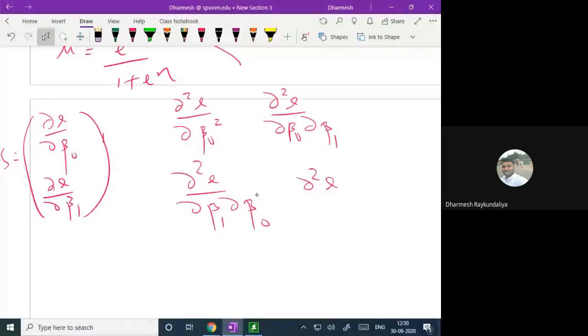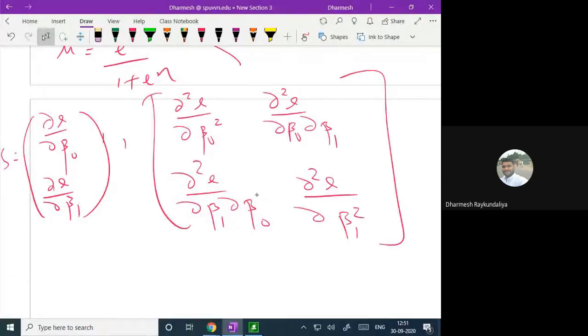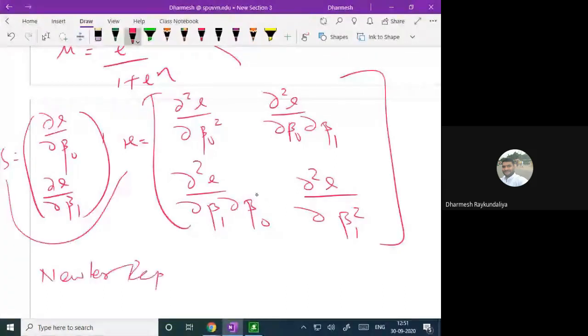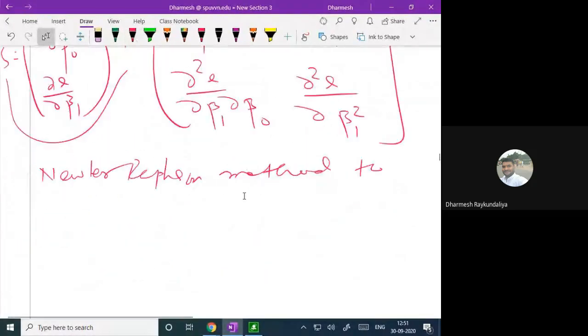We call these the Hessian matrix. Given the score and Hessian, we can apply the Newton-Raphson method to estimate the parameters.